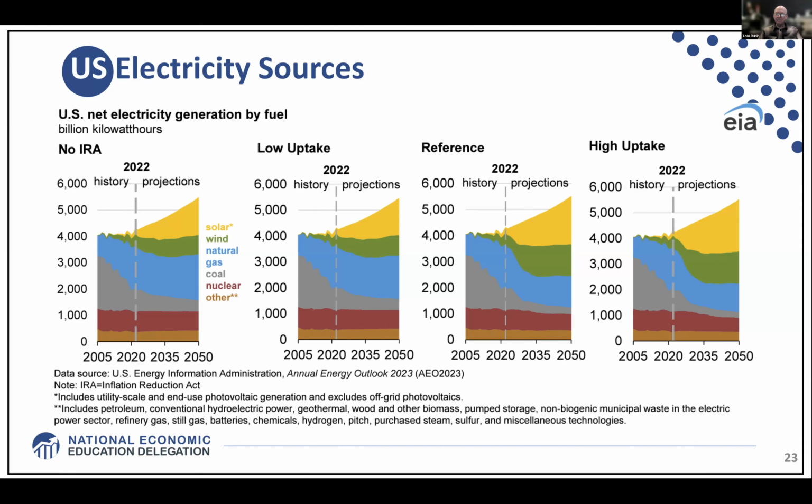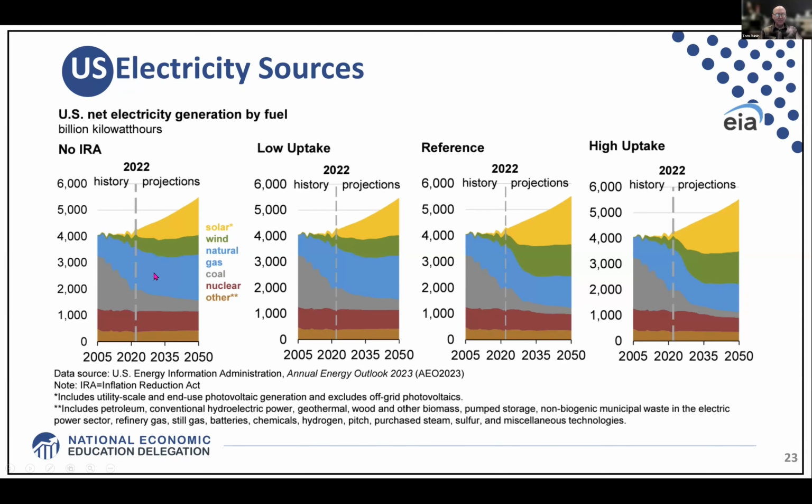But from the research I personally have done, I see a lot of advantages to wind over solar, particularly as it's coupled with energy storage, which is becoming more and more viable, literally every month. We see coal continuing to decline. That's the gray here.